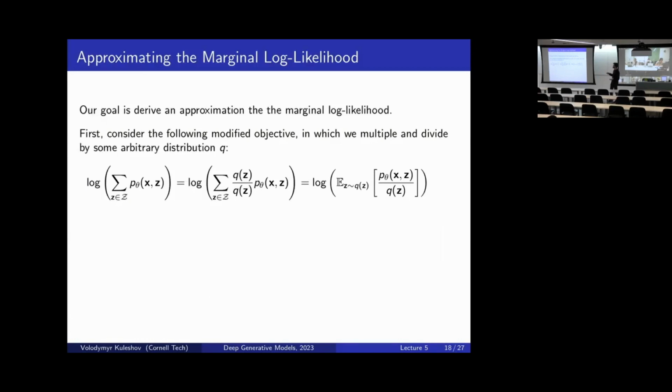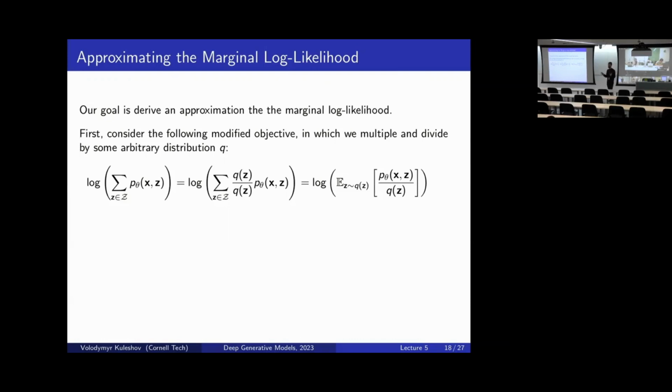The first step is some simple algebraic manipulations, where I will start with this intractable log likelihood, and within each term of the summation, I will multiply and divide by some arbitrary function q. Actually, q is going to be a probability distribution.